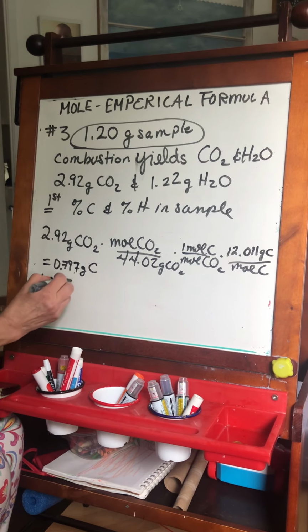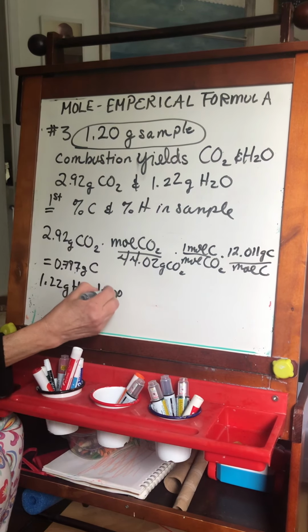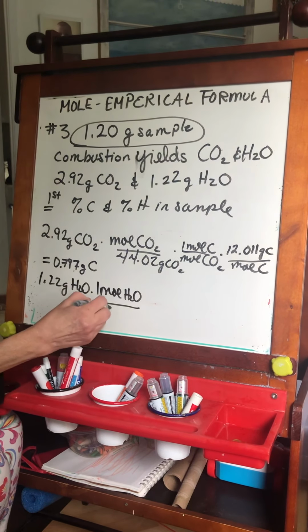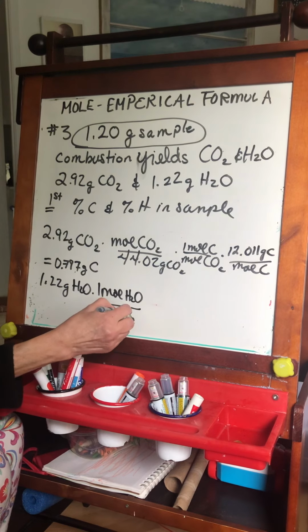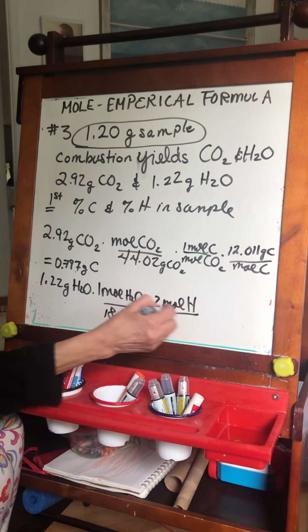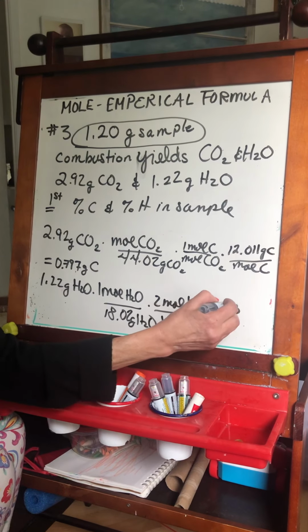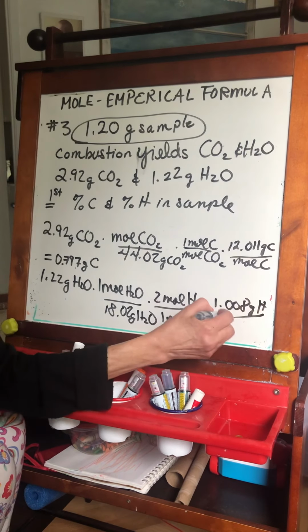So we're going to do the same with the water. 1.22 grams water times 1 mole water over 18.02 grams water times 2 mole hydrogen to 1 mole water times 1.008 grams hydrogen to 1 mole hydrogen.